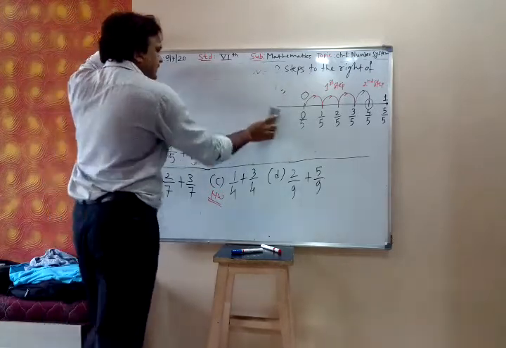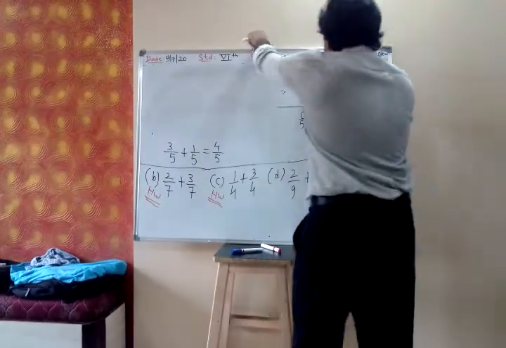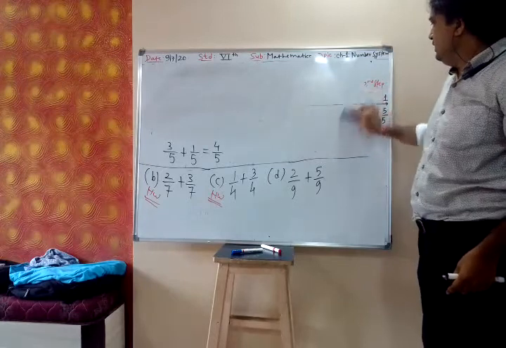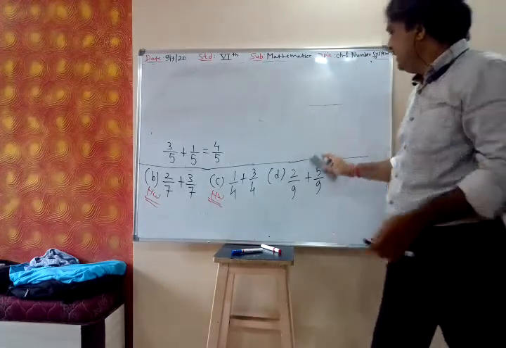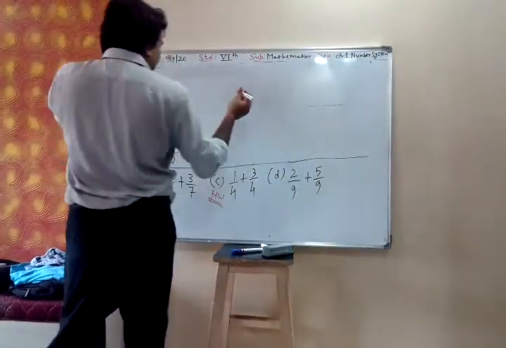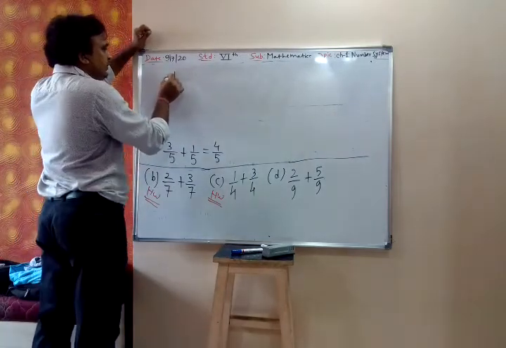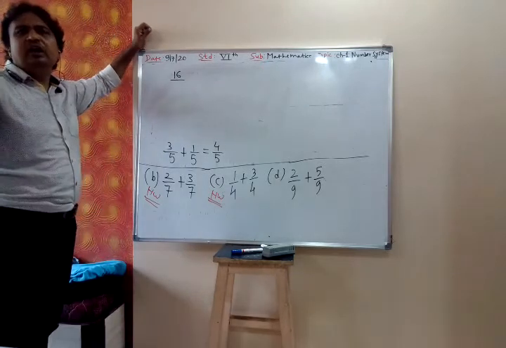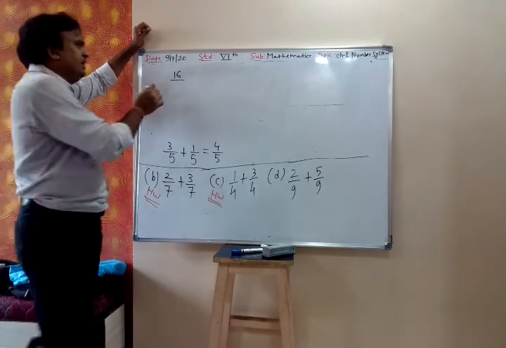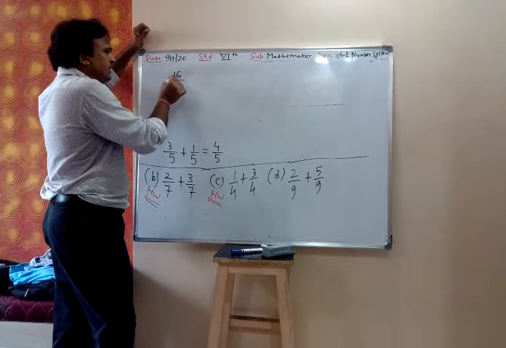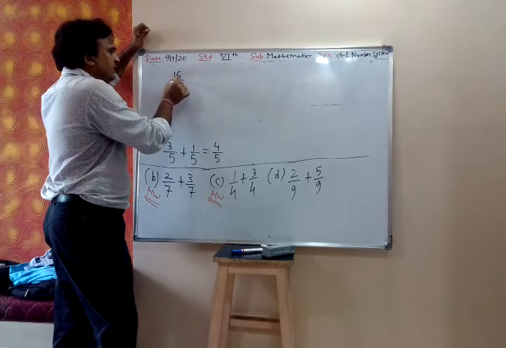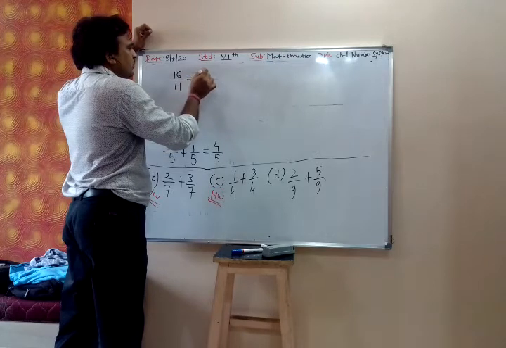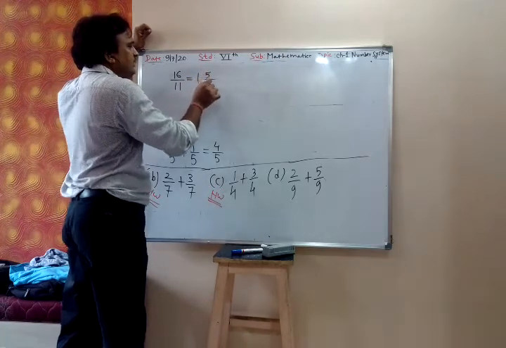Let us take one example. See here. Just now one of you asked a doubt. Let us take one question. 16 upon 11, this I can write as 1 and 5 upon 11.